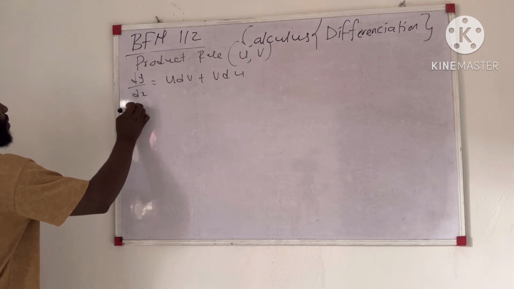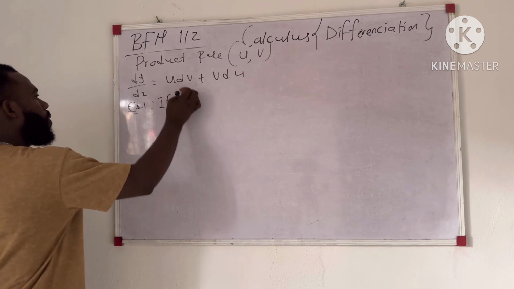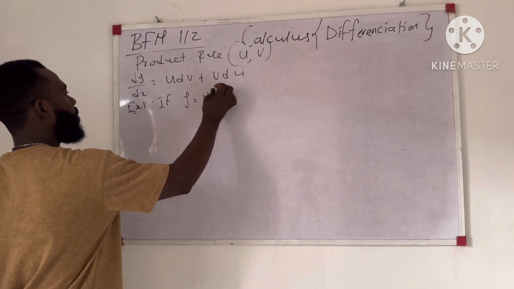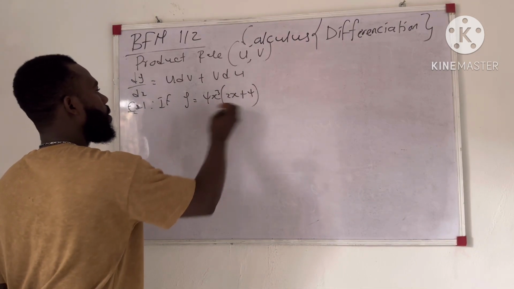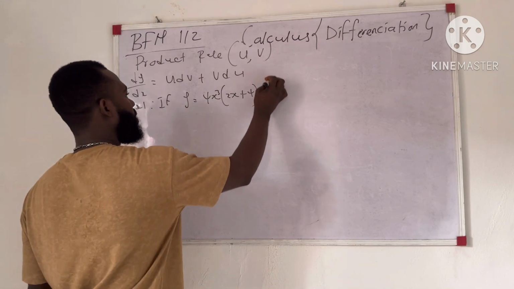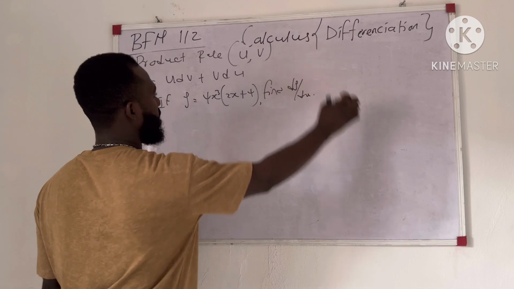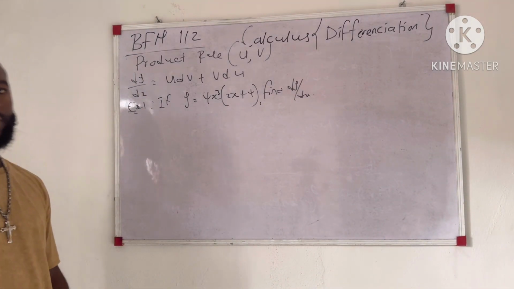Example 1. It says if y is equal to 4x raised to the power 3 bracket 2x plus 4, find dy over dx. So let's see how we can solve this problem now.